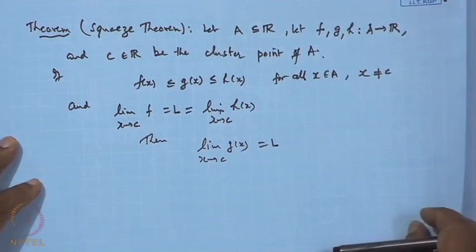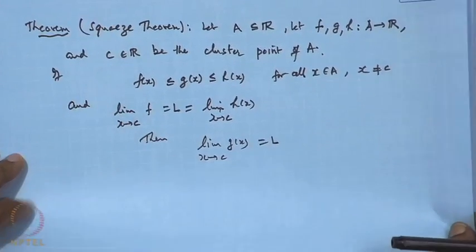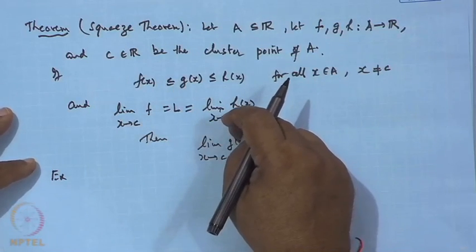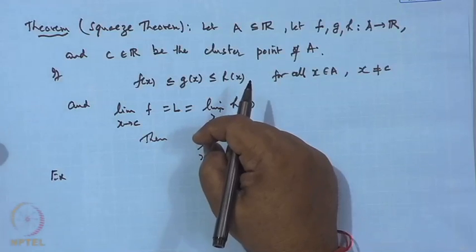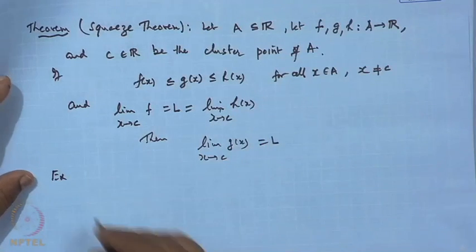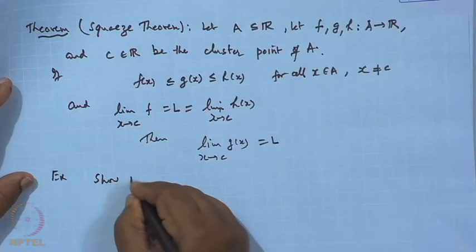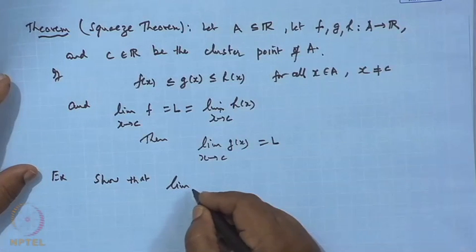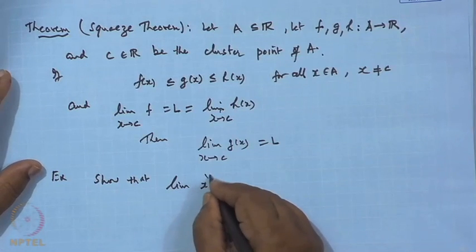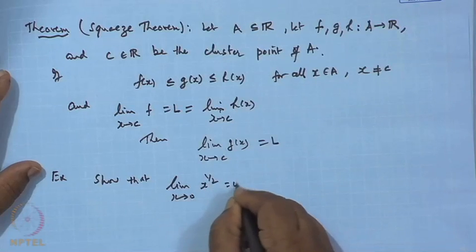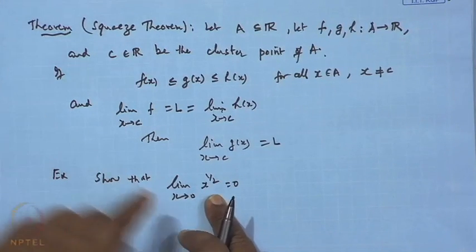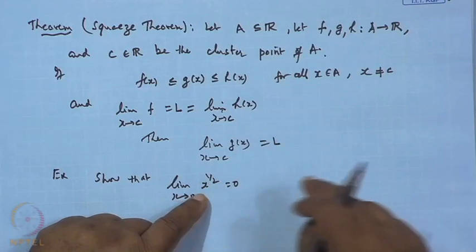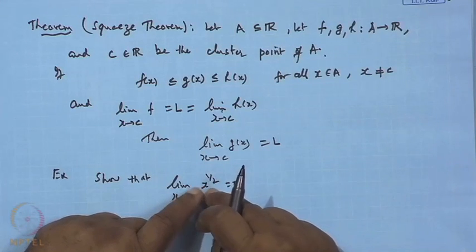Let us see the application of the squeeze theorem, where we can apply it to get the limit of functions easily, quickly. Suppose I say that the limit of x to the power half when x tends to 0 is 0. We have already seen that when x to the power n, where n is a positive integer, can be written x into x, up to n times, and the limit as x tends to 0 will be 0.